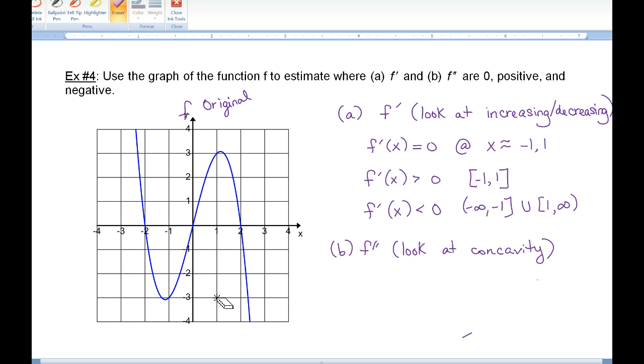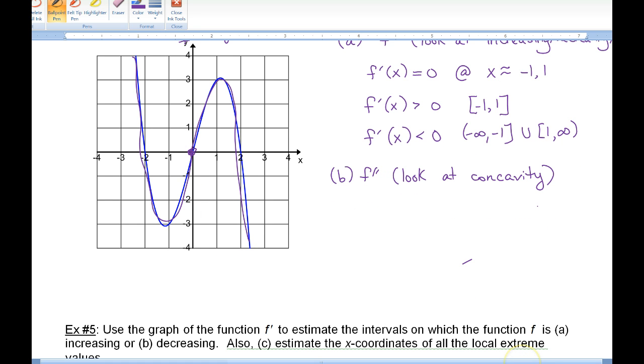Now when I look back at my original, it looks like it's going to be concave up until we get to 0, because then it switches to concave down. So I'm going to say that f double prime is equal to 0 at x equals 0.